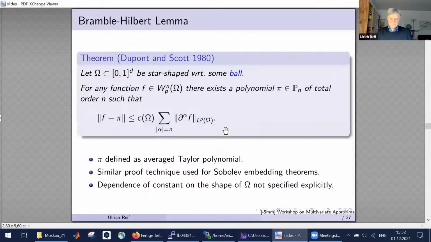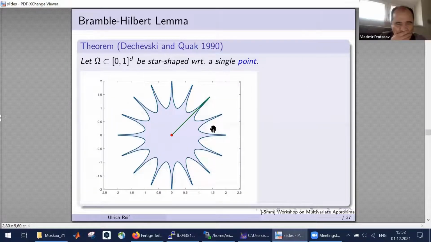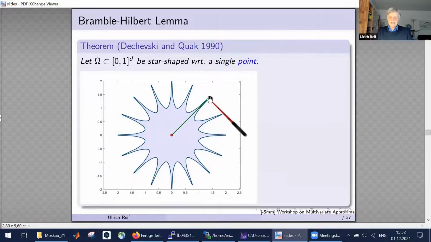No, it is not. I will show you the corresponding figure. This one. This is perfectly fine, and you see these spikes can be as sharp as you like. This is with respect to a single point. But with respect to a ball, yes, it's automatically Lipschitz.